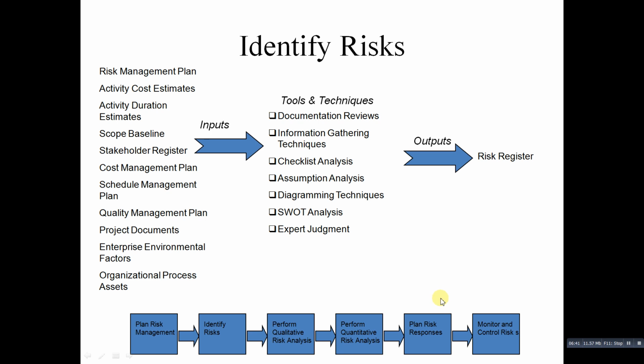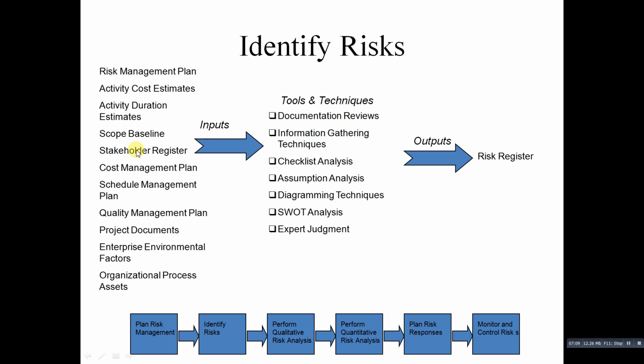As you can see here, there are various inputs for identifying risk, that is risk management plan, activity cost estimates, activity duration estimate, scope baseline, stakeholder register, cost management plan, schedule management plan, quality management plan, project documents, enterprise environmental factors, organizational process assets likewise.